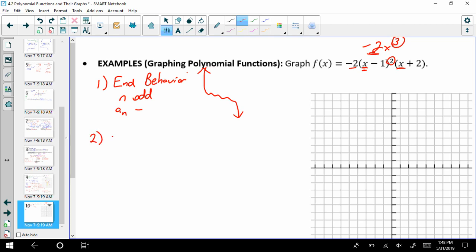Okay, the next thing, x-intercepts. So also known as the zeros. How many of them are there going to be? There's going to be 3 of them because that's my degree, the highest exponent. So I'm going to set it equal to 0. And good news, they've already factored it for us. So let's set each piece equal to 0.